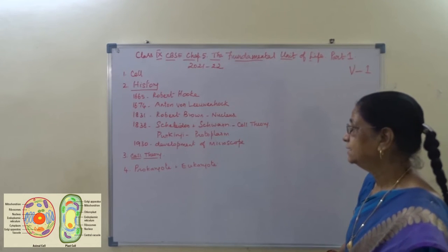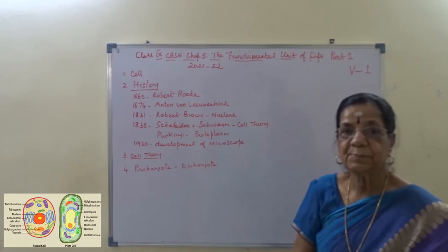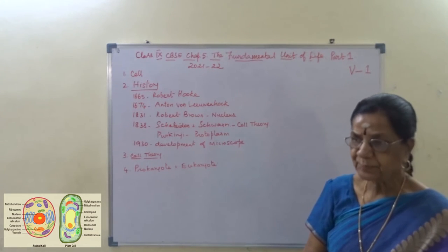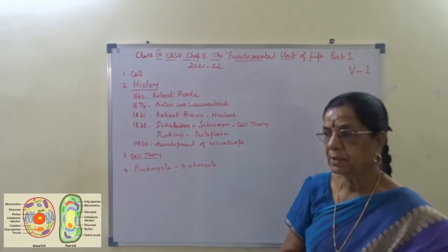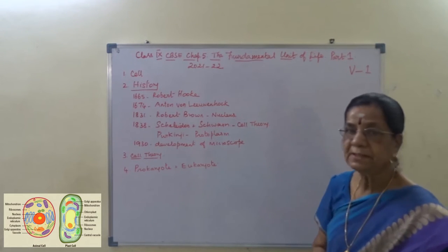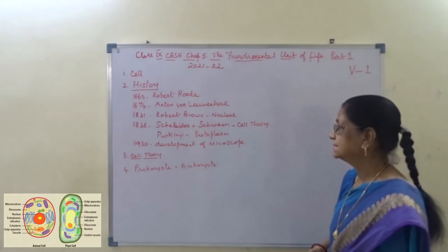And then in the year 1831, Robert Brown discovered the presence of nucleus in the cell. Again I repeat, Robert Brown in 1831 discovered the presence of nucleus in the cell.